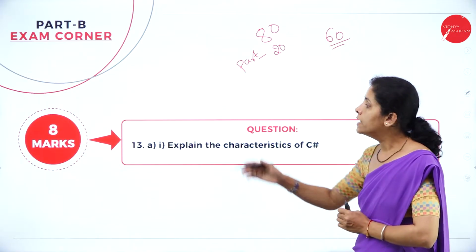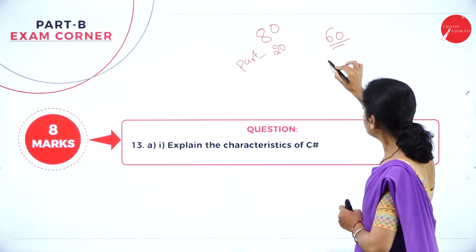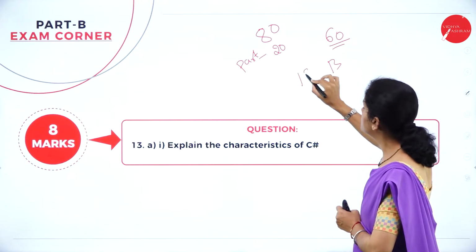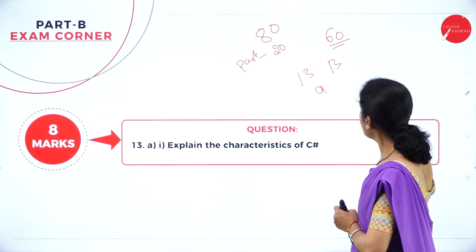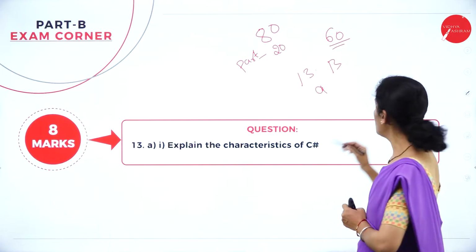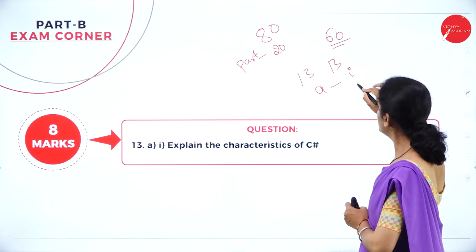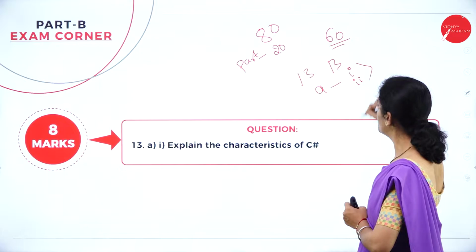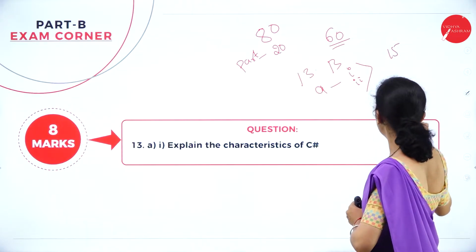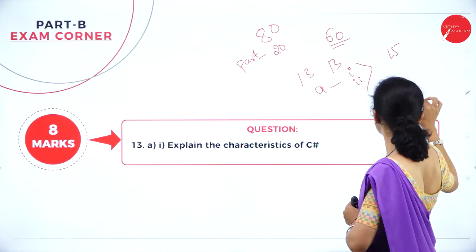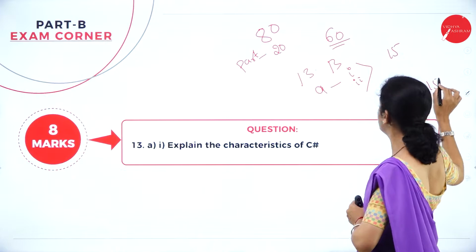Now, if I consider part B, it is the 13th question. In that, I have A or B. Under A, I'll get two questions, and it is for 15 marks. And under B, once again, two questions, and this is for 15 marks.